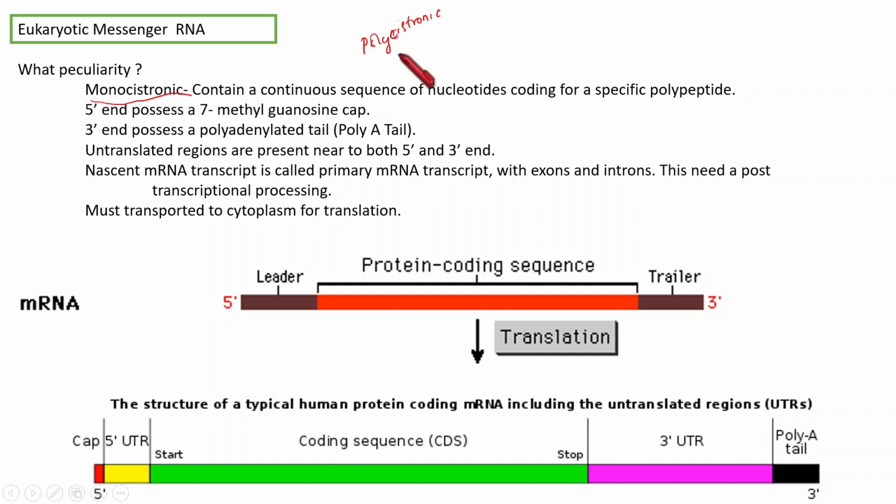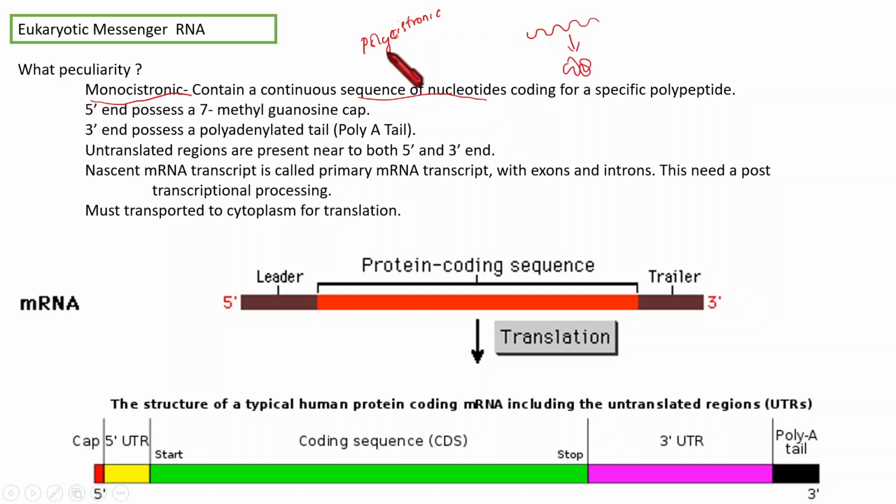Then what do you mean by monocistronic and polycistronic? First, let's understand what is monocistronic. Monocistronic mRNA contains a continuous sequence of nucleotides and codes for a single polypeptide chain.